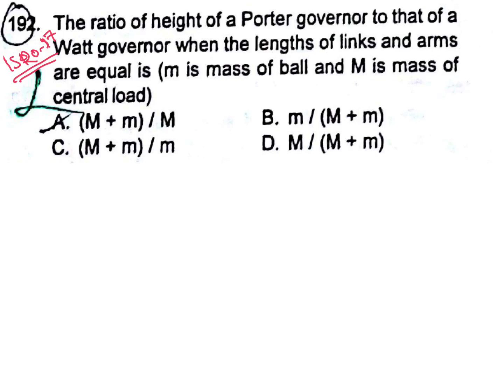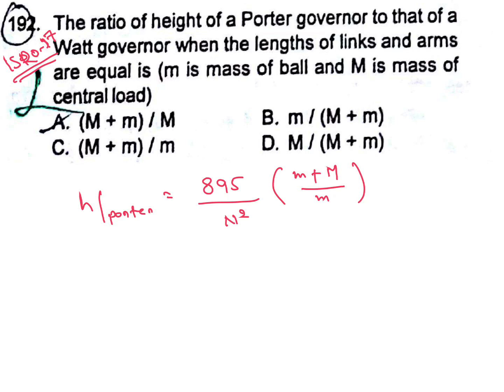H for Potter governor is 895 divided by N square, into small m plus capital M divided by small m, divided by H for Watt governor equal to 895 divided by N square.